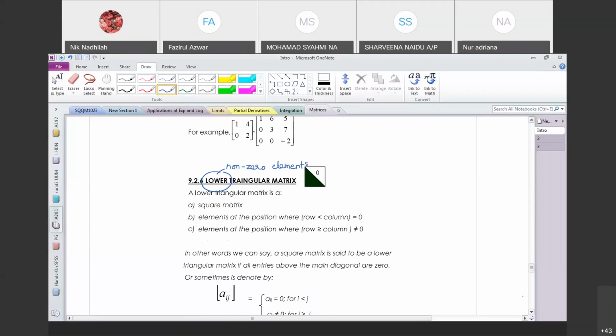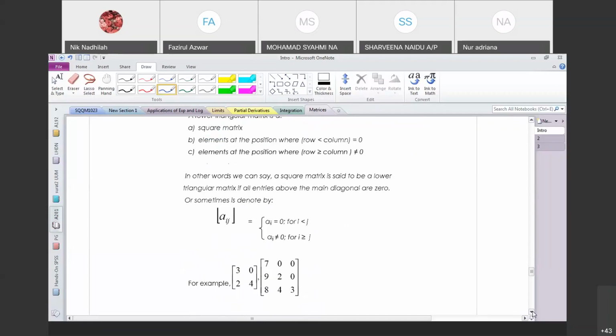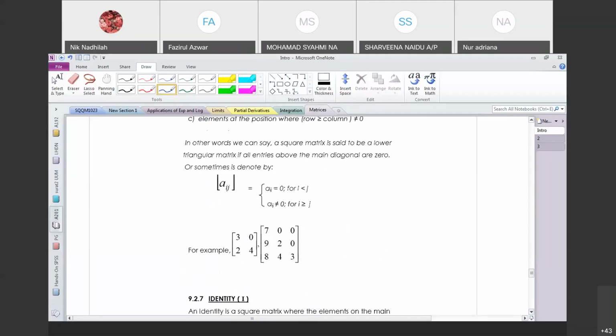So you must know the terms. Example here, these two both are lower triangular matrices, because as you can see, the upper side is 0.